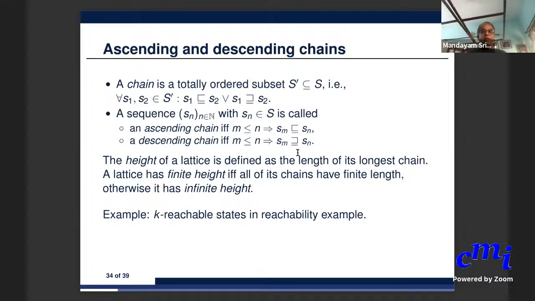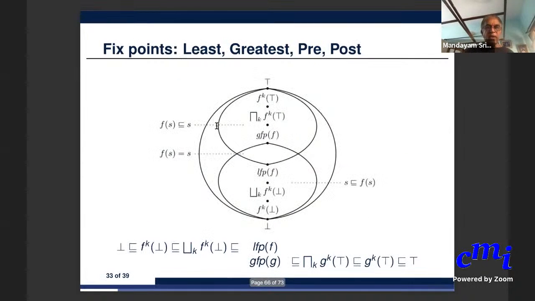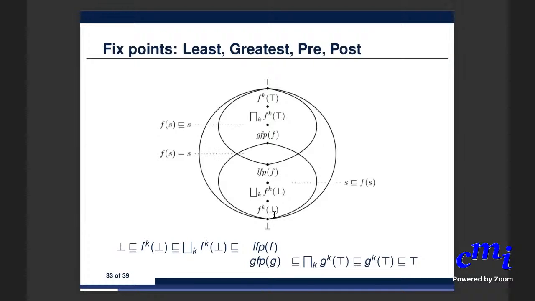That's what I will state next. Any questions about the illustration that I made about iterative application of this higher order function, which I will now formalize in Kleene's theorem? Any questions here? No, sir.